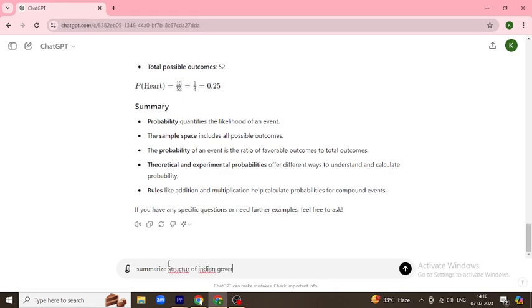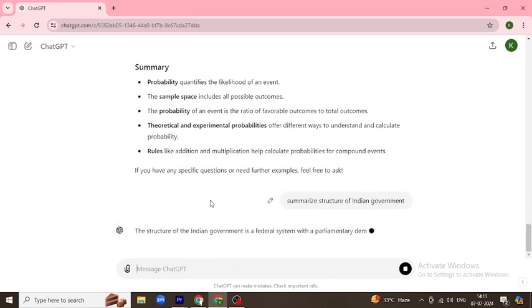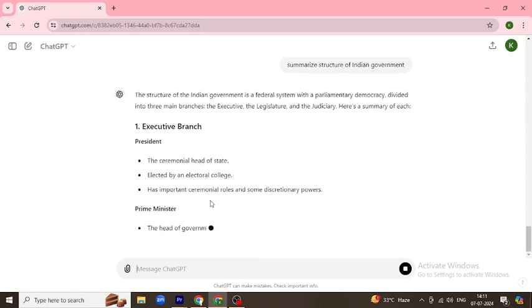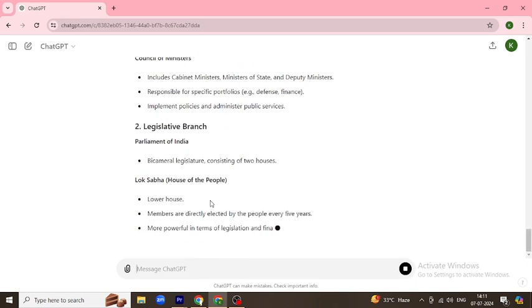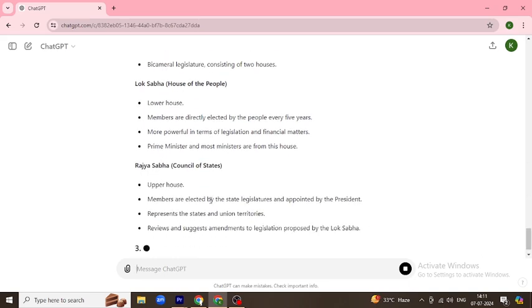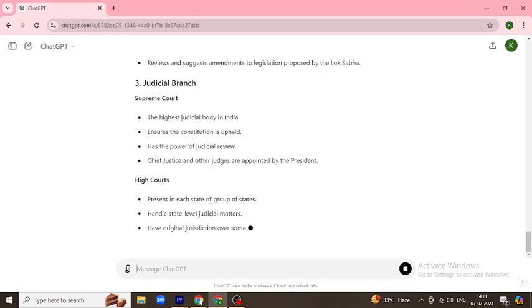So it will summarize the structure of government topic wise, so that you can understand what actually is in government. It is kind of notes. Okay, so you don't have to read the whole chapter line by line, that is boring.